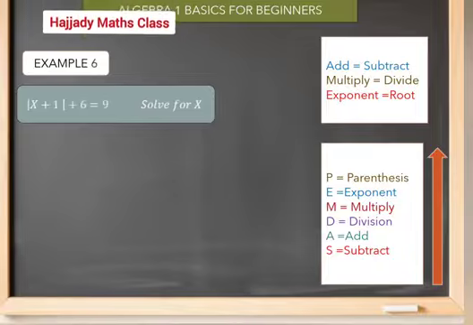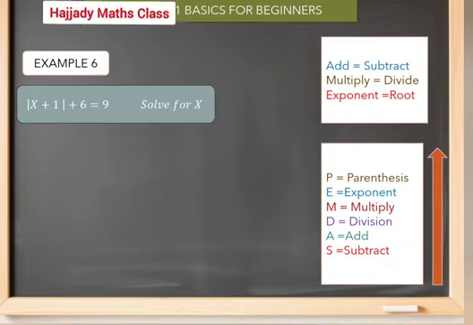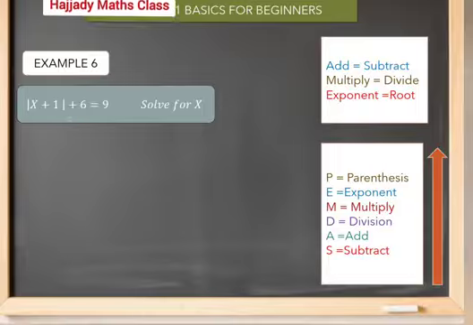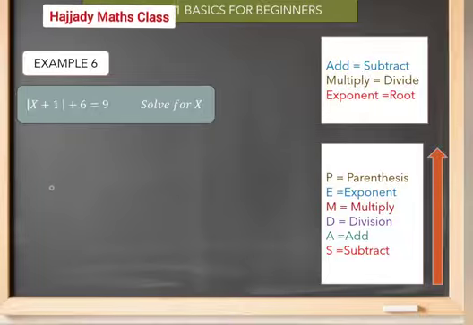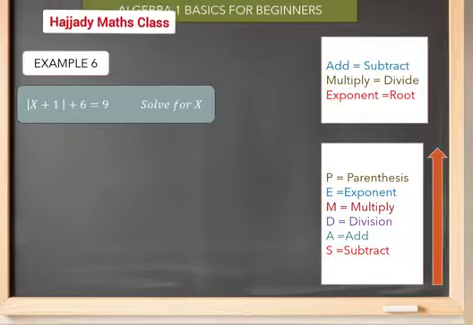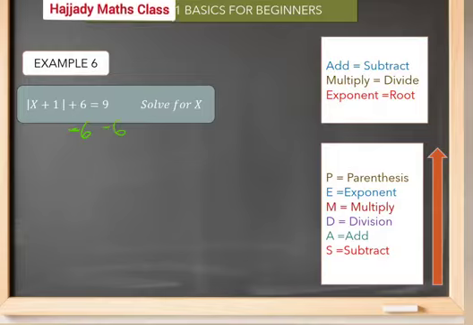Here we have example 6. This is also based on the absolute value. But before we apply absolute value, you will see that after the absolute value, we have plus 6 equals to 9. Then we need to get rid of this 6 before we proceed using the absolute value. And to get rid of the plus 6, you have to introduce the negative 6 to both sides.